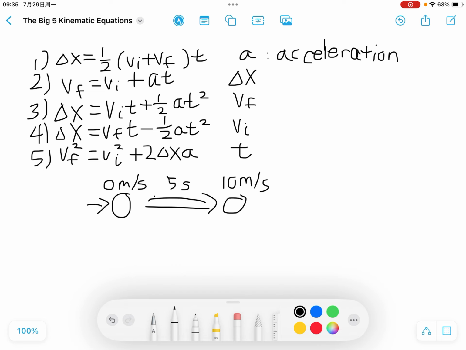And we want to know, in these 5 seconds, how fast did my velocity increase? Because it obviously did increase. It increased from 0 to 10. So how fast did it increase? How many meters per second did it increase every second? Well, the answer is 2, right? If you think about it, 10 over 5 is going to be 2. So you go from 0 to 2, 4, 6, 8, 10. That's how you think it would increase. It's actually the average acceleration here.